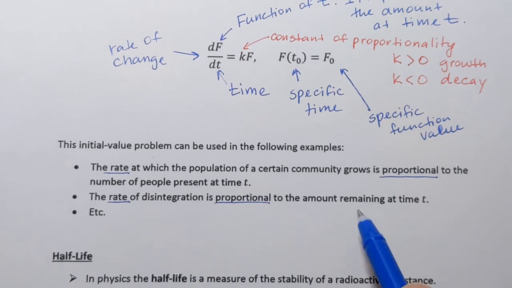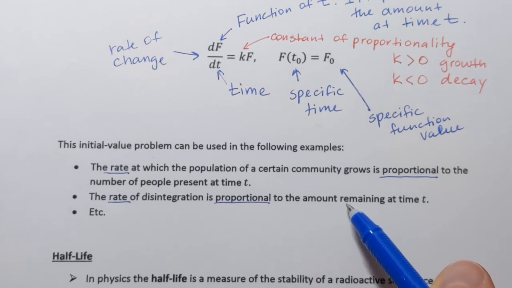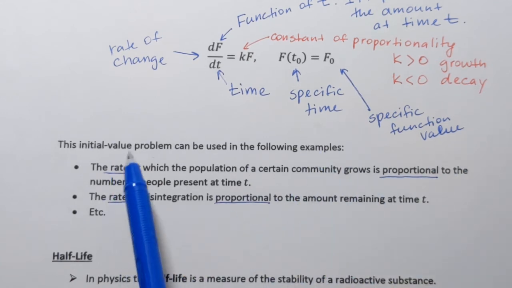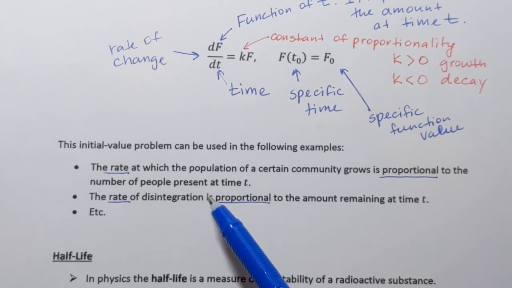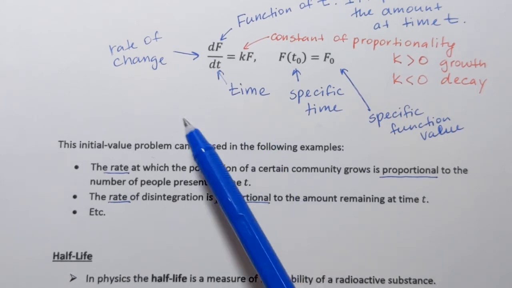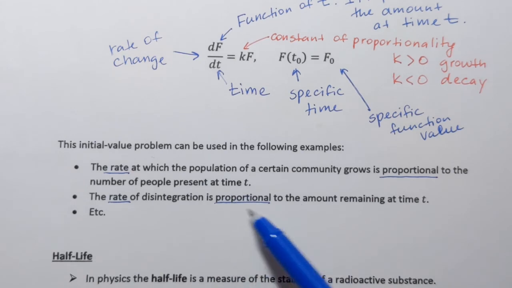Probably for the specific example, it should say the amount of radioactive substance remaining at time t. So once again, with those few examples, I want to show you what you want to find within the problem that you're trying to solve, so that you know you have to go with this initial value problem. That wording should be present.